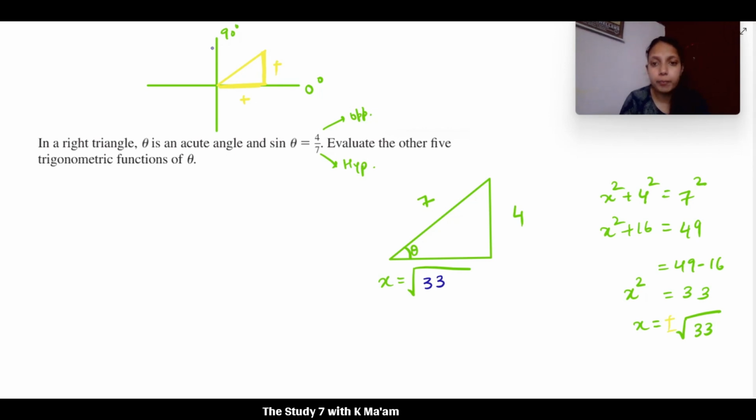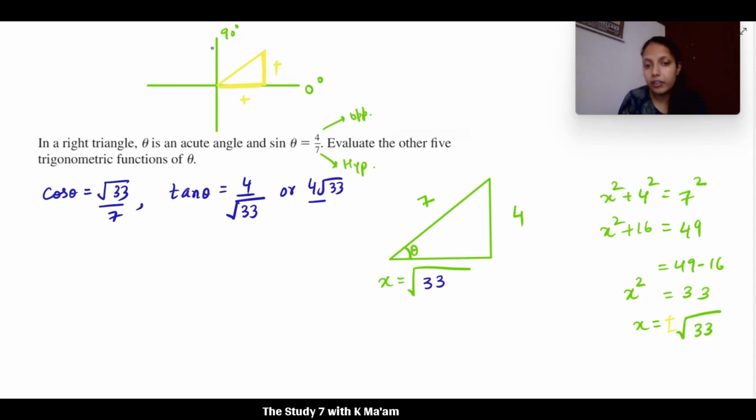We have to find the other 5 trigonometric ratios. Cosine theta. What is cosine? Adjacent over hypotenuse: square root 33 over 7. Tangent theta: opposite over adjacent. You can write it in this way, or by rationalizing you can write this.